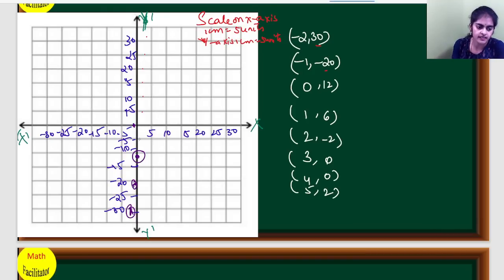So 1 is here, and 6 will be somewhere here. Okay, and what else do we have? 2 comma minus 2: 2 on the x-axis and minus 2 on the y-axis, so somewhere here. And 3 comma 0 will be here. 4 comma 0 is also here, very close to 5. Now 5 comma 2 you will get somewhere here.